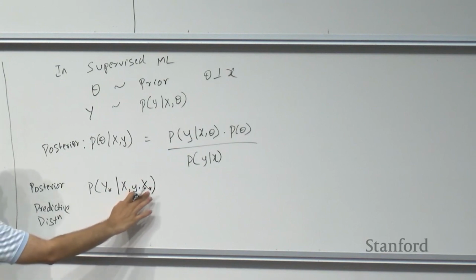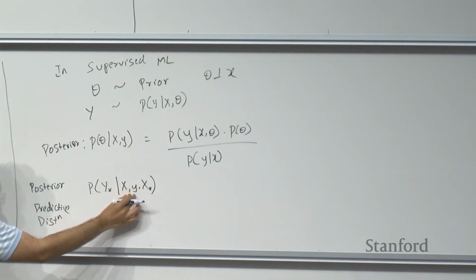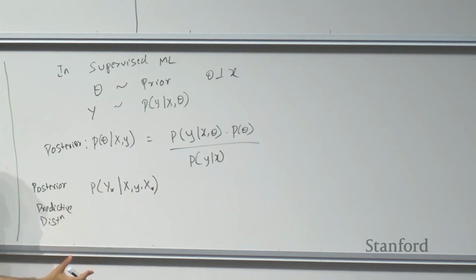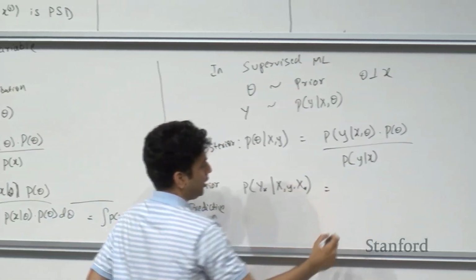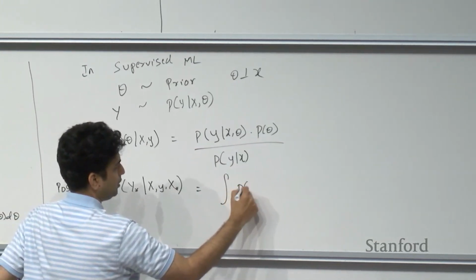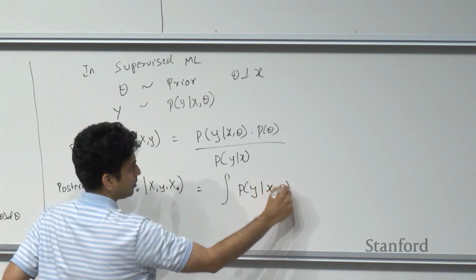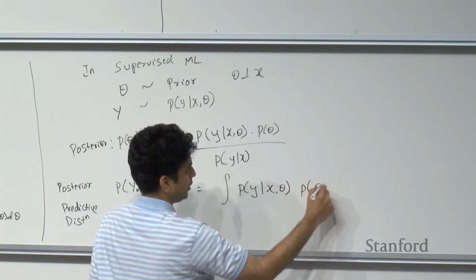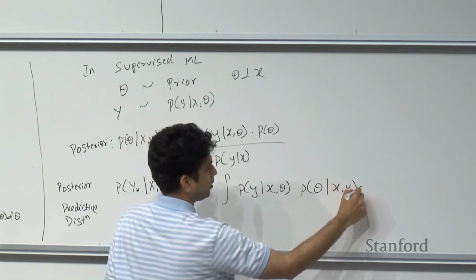So x star is a test example for which we only observe the x, the input, and x and y are part of your training set for which we have observed both the inputs and the outputs, right? And this is basically the integral of P of y star given x star comma theta times P of theta given x comma y d theta.